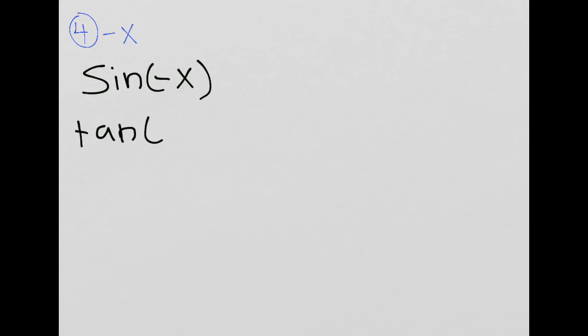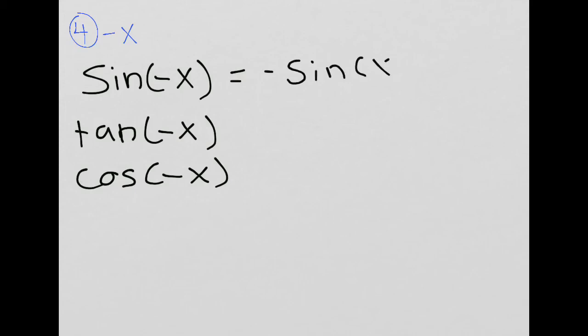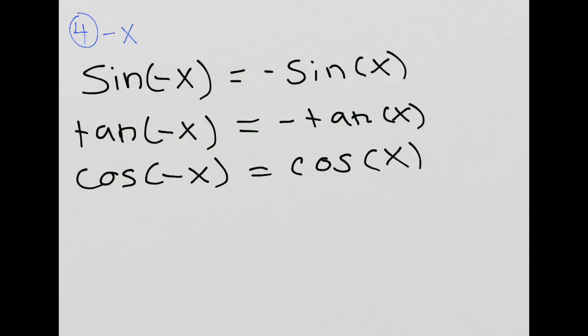There are three identities for negative x: sine negative x, tan negative x, and cos negative x. Sine negative x would be negative sine x, because sine is negative in the fourth quadrant. Tan would be negative tan x, because tan is negative in the fourth quadrant. And cos would be positive, because cos is positive in the fourth quadrant. And those are the three identities.